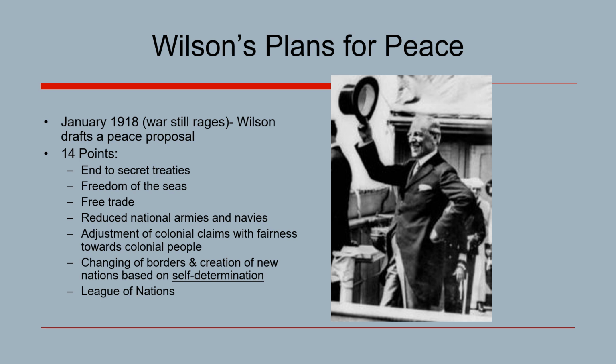And the 14 points, when we consider the meaning behind them historically, 13 of these points don't go into effect. Wilson bargains them away, and we'll talk about that in a moment. The League of Nations is the one that he gives up everything else for. He believes that the League of Nations is the key to a future of peace.